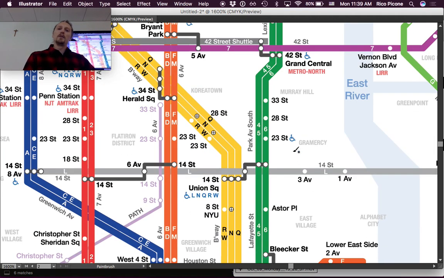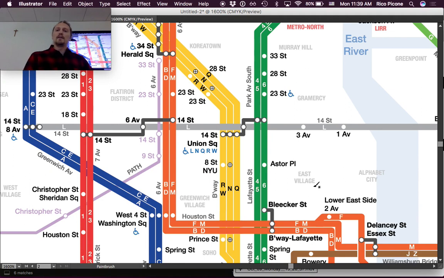So if you want to get to East Village, you know that your stop's going to be Astor Place. You can tell that from the map. And if you knew where streets were in East Village, you would probably know Astor Place. I believe it's a street there, and it would be roughly here.